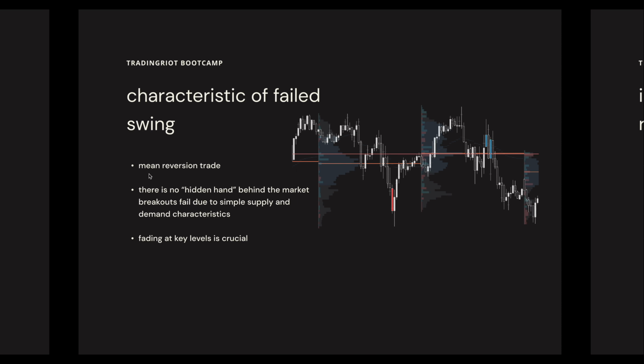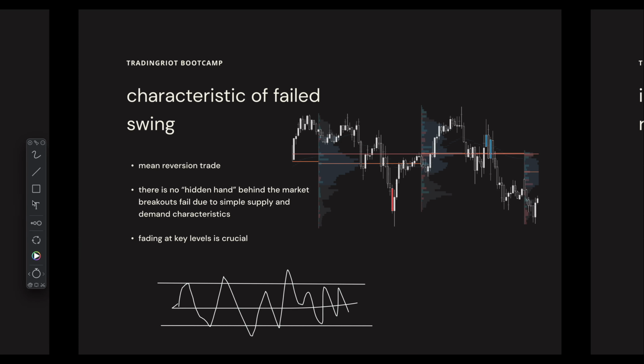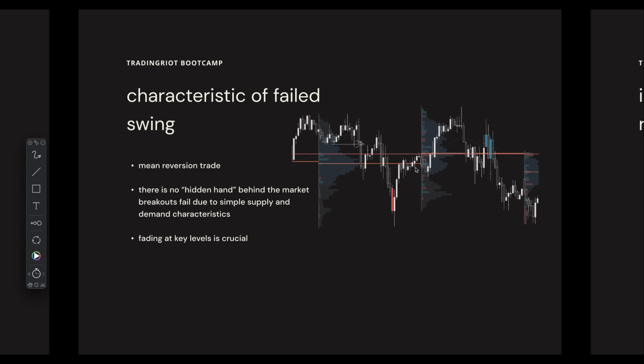What is the key thing about this is that fading at key levels is crucial. You will see very often these kinds of failed swings, especially those where the market will leave a wick. They will happen often, but that doesn't mean you should be trading all of them.